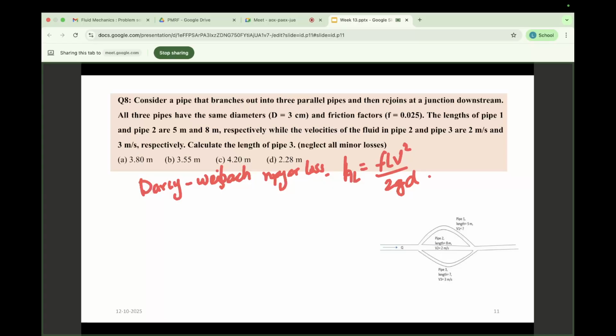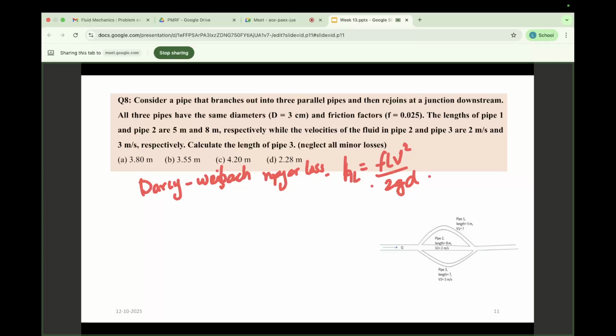This is the equation for parallel pipes. So the total head loss across each branch, say this is branch 1, branch 2, branch 3, because they are connected with the same inlet and the same outlet, the same junction I can say. So we can use this Darcy-Weisbach equation.